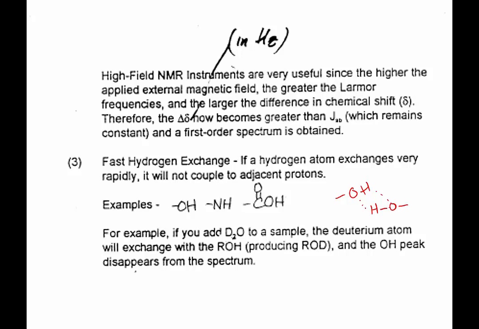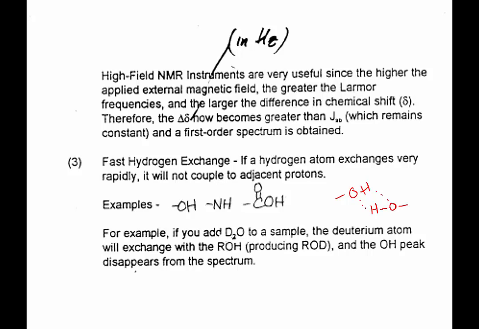Now all of a sudden the deuteriums are swapping with the hydrogens and the hydrogen peak disappears. Same thing would be true for an NH or a carboxylic acid. So if you think you're seeing those OH or NH peaks, you add D2O to them, and they disappear. And that's a classic way to determine whether or not the peak is the OH.